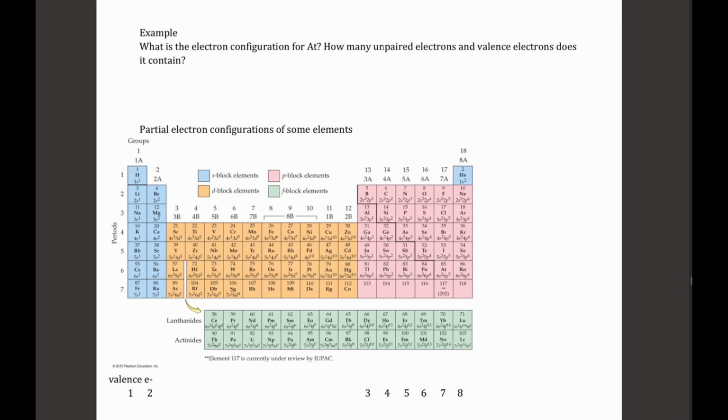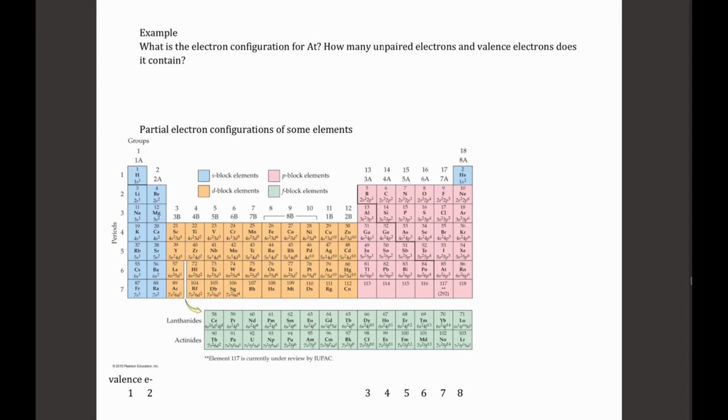And then we jump across to the pink group, because remember, we're counting the outermost s and p electrons. So we're not counting d's and f's. So we jump to boron. All the elements in the boron column have 3 valence electrons. They have 2 s1s and 1 p1.